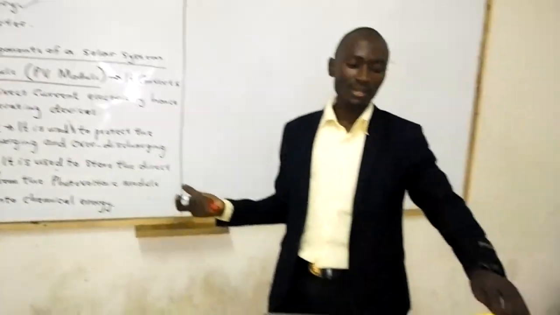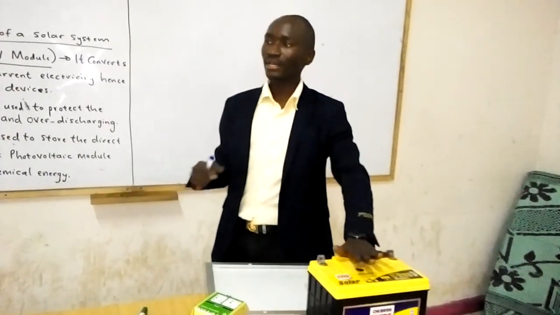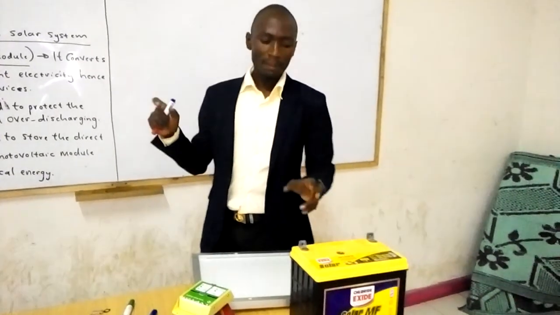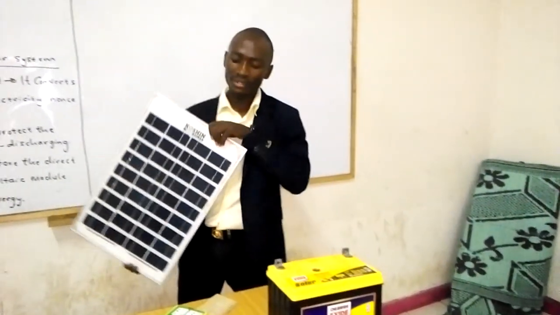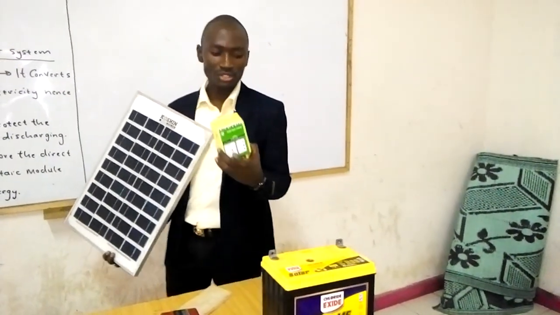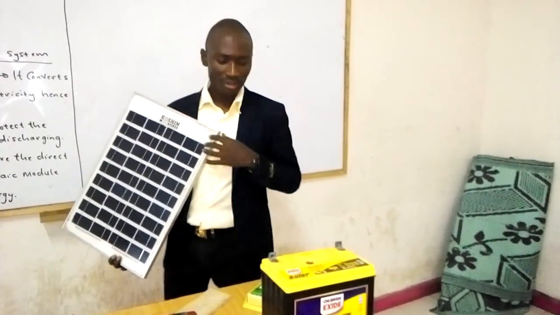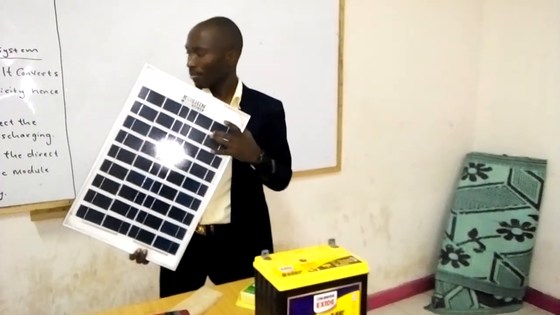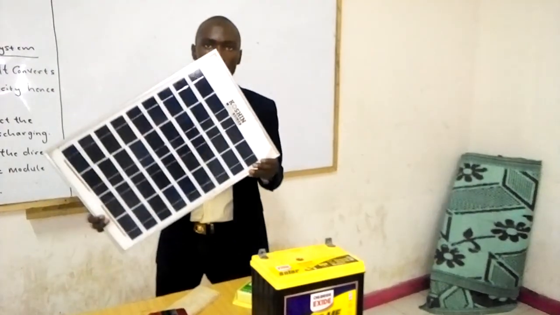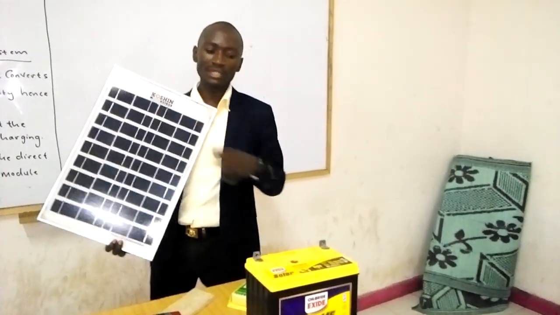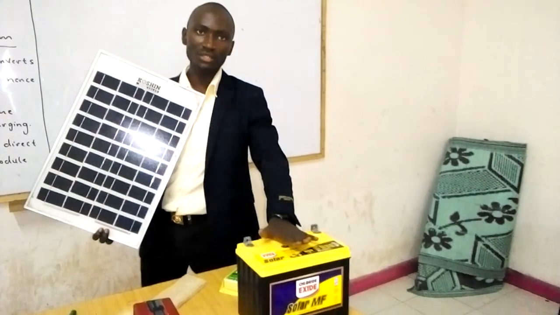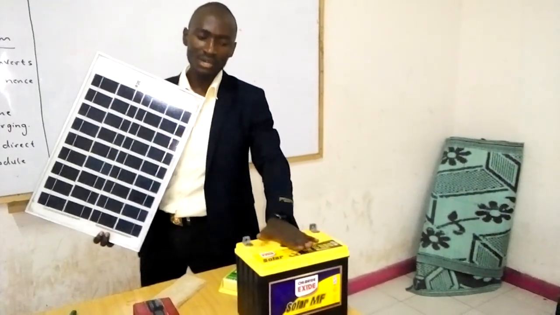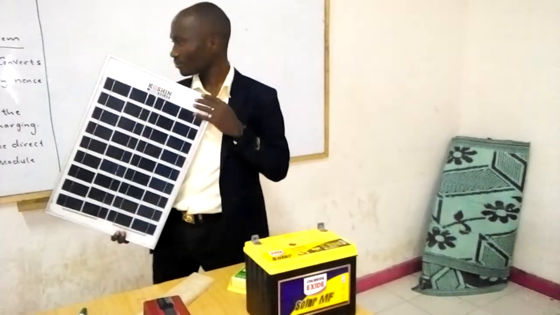So you basically know that this battery is connected to the PV module through the charge controller. The function of this battery is to store the direct current from the solar module. So this solar module charges the battery so that at night you can use that stored energy from the battery.